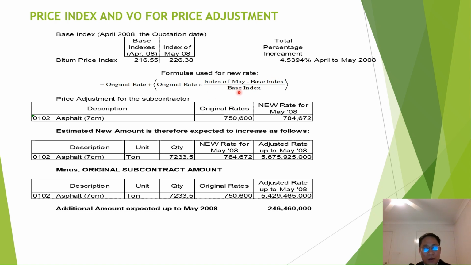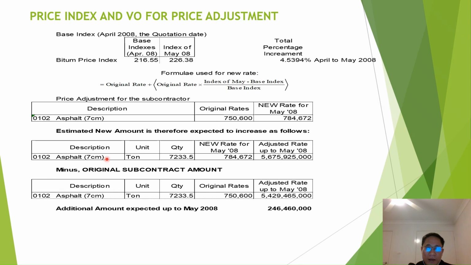I will demonstrate in Excel later on. In here we can see the asphalt original rate is 750,000 and the new rate is 784, because we use this one times this one, and the estimated new amount is therefore expected to increase.